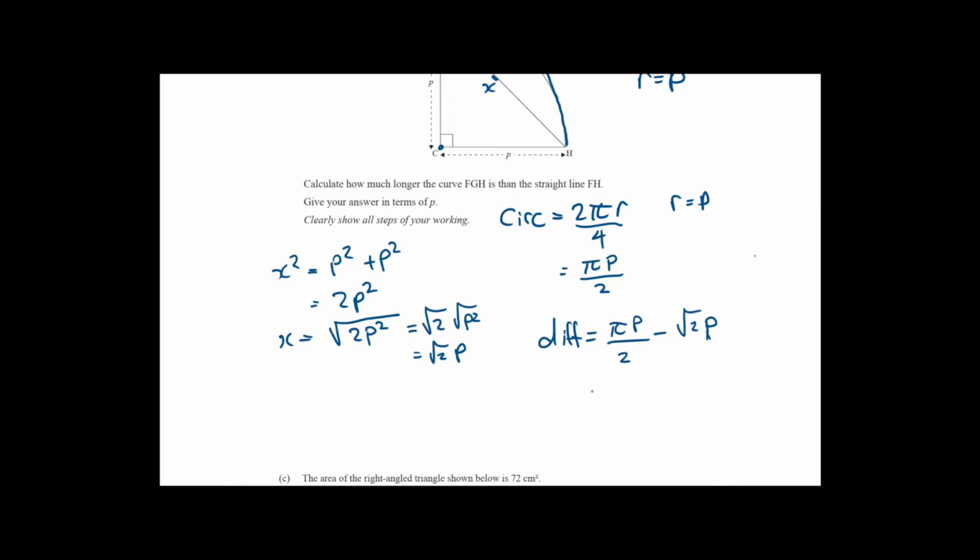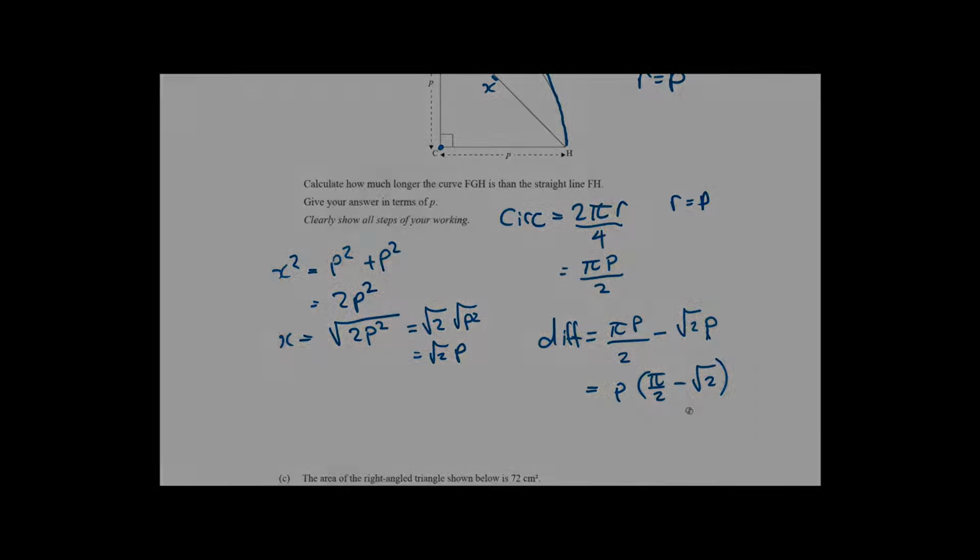I guess we could factor out the p: p times pi over 2 minus square root of 2. I don't think we can simplify that anymore. I'm just going to leave it like that. I think it's as simple as it's going to get. Interesting question, though.